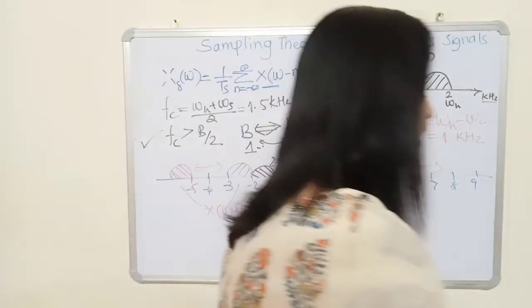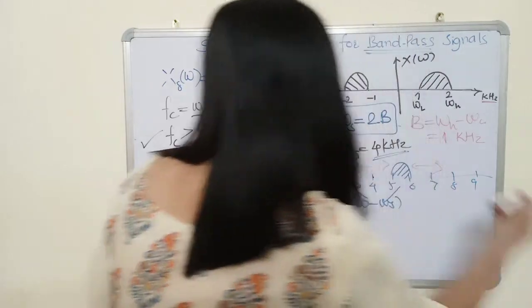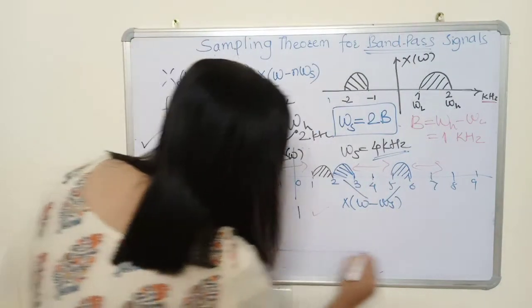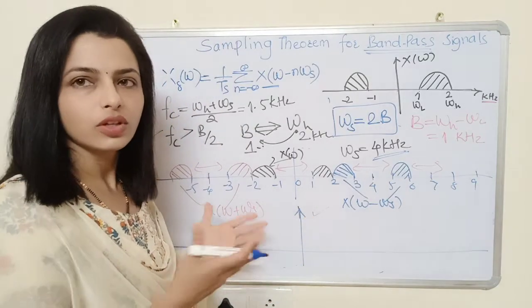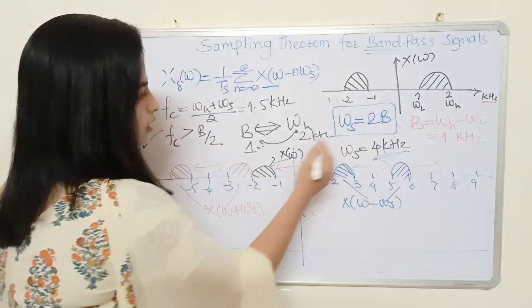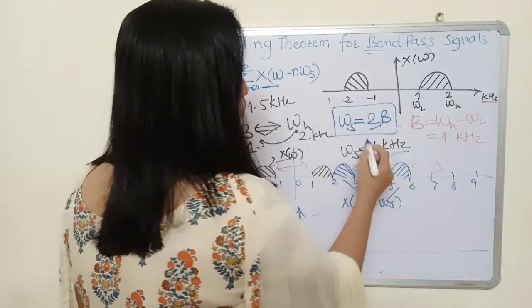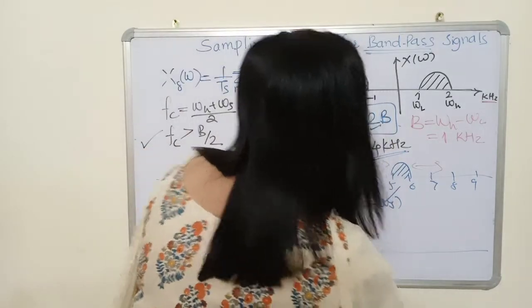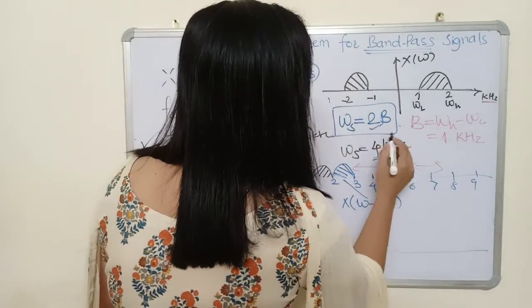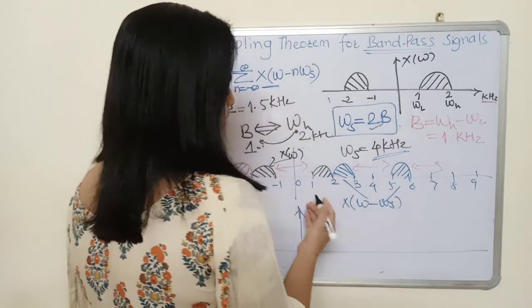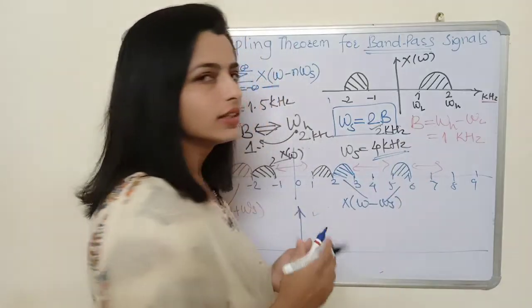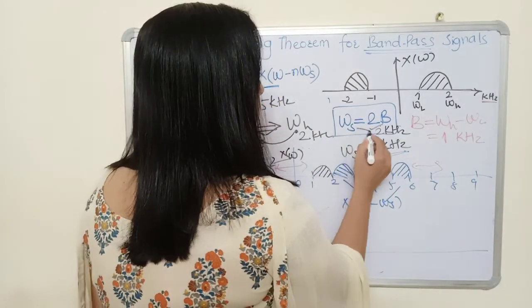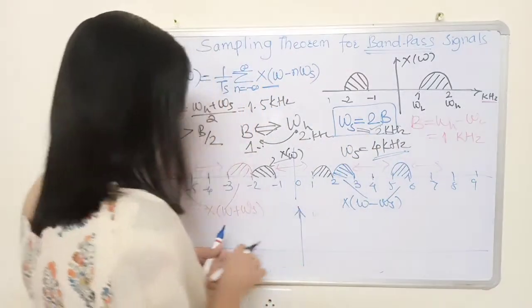With this, let us check what happens in the spectrum, whether aliasing is occurring or not. Twice the bandwidth, which is 1, is 2 kilohertz. So let us check with omega s equal to 2 kilohertz.